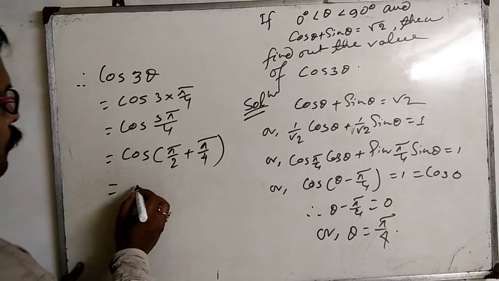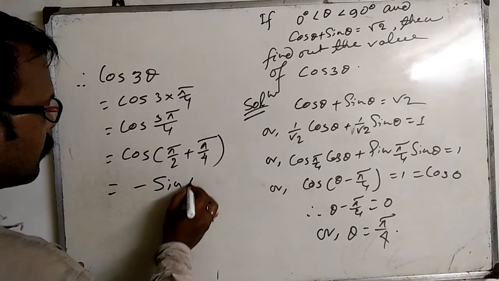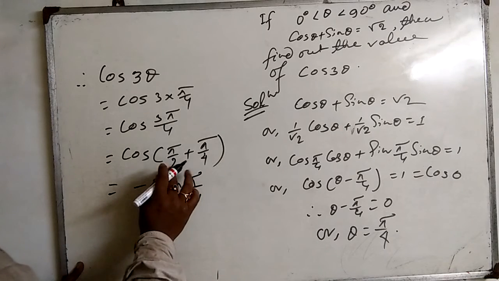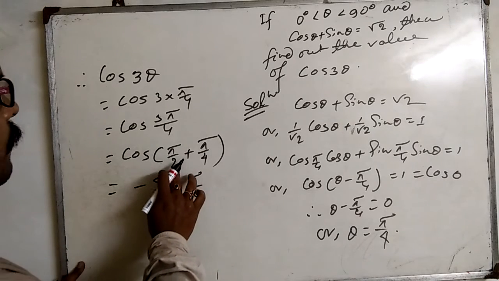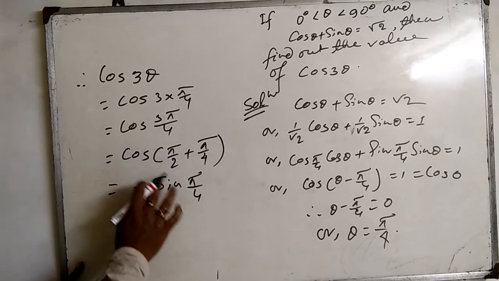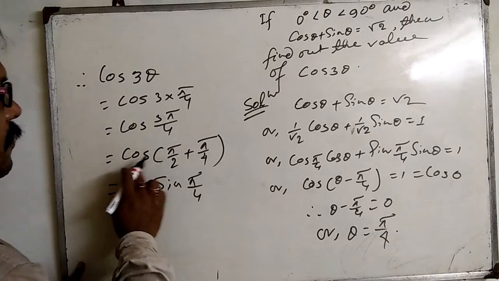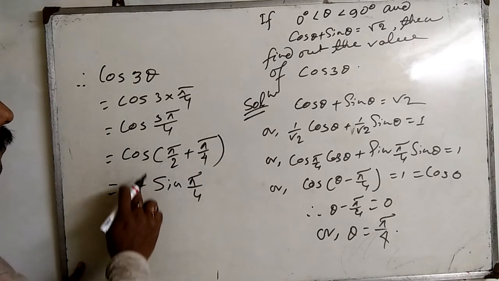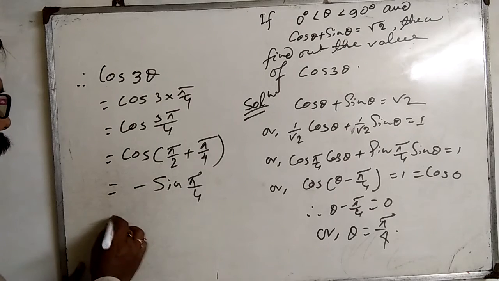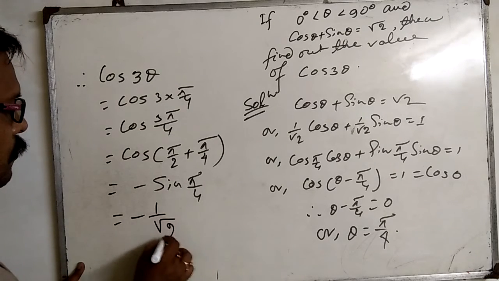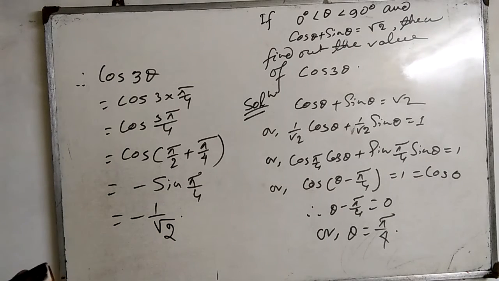So that is equal to minus sin pi by 4, because that will be the odd multiple of pi by 2. So cos will be converted into sin, and in the second quadrant cos will be negative, minus sin pi by 4. So 1 by root 2. Understand? So very easy. We go to the next problem now.